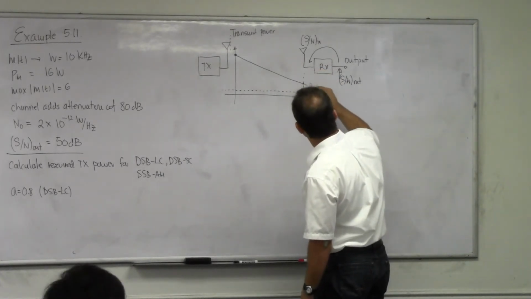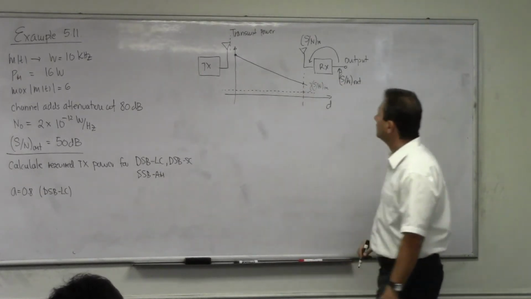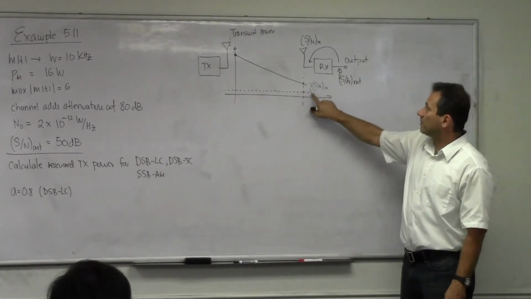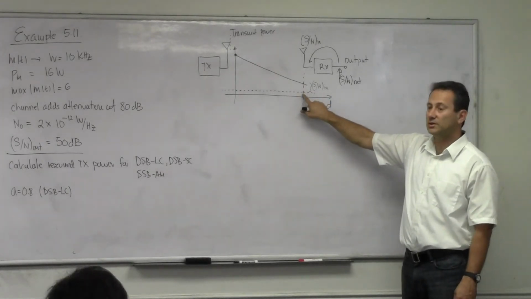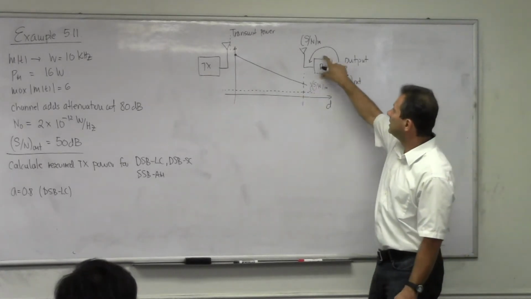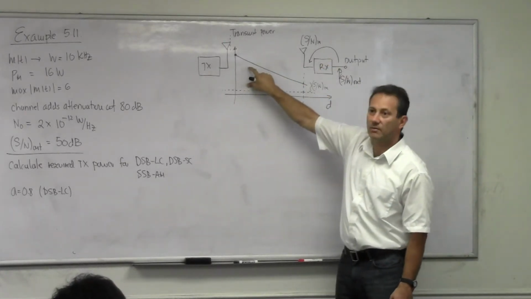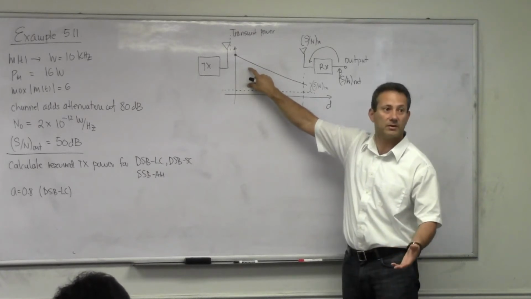Now, let's say this is a point of the receiver. This is the signal to noise ratio that I'm talking about, right? This is the power of the noise. This is the power of the signal, and that's the signal to noise ratio that you need to have. So now, if I'm taking this receiver and traveling away, here I'm having excellent signal to noise ratio, my reception is perfect, right?